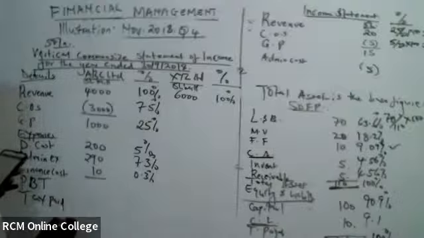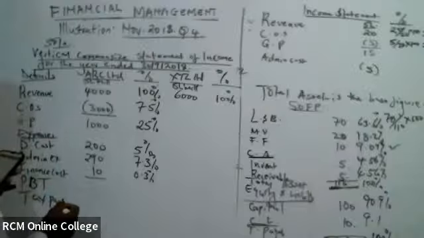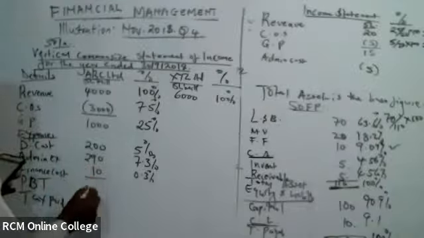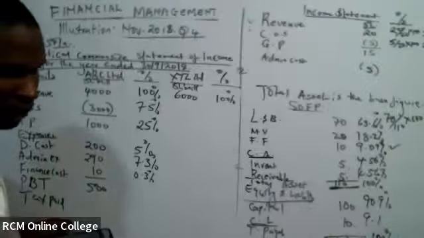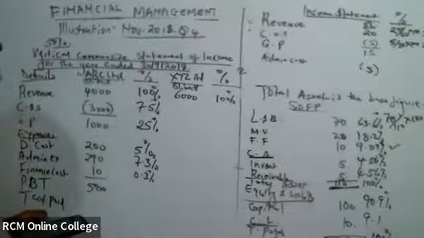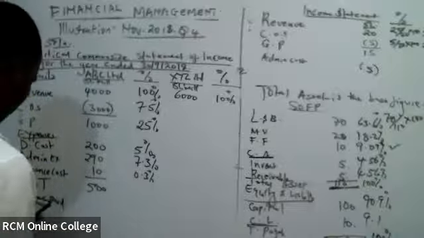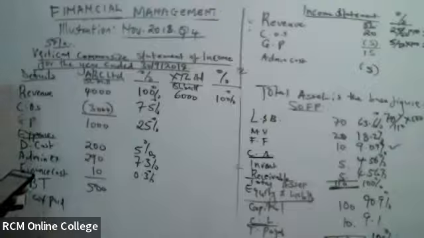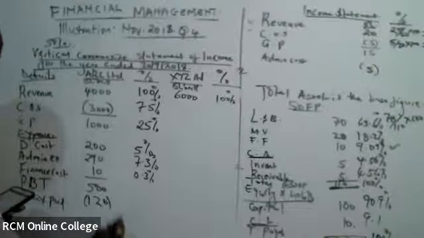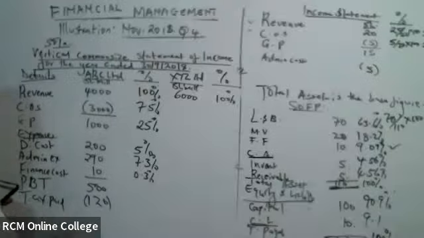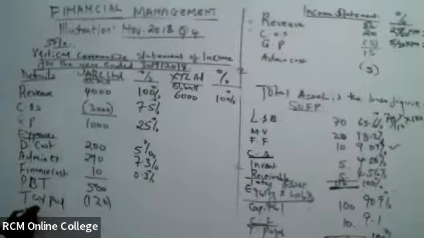This one we also need to have as a percentage. We want to see tax at 120, and then we get profit after tax, 380.